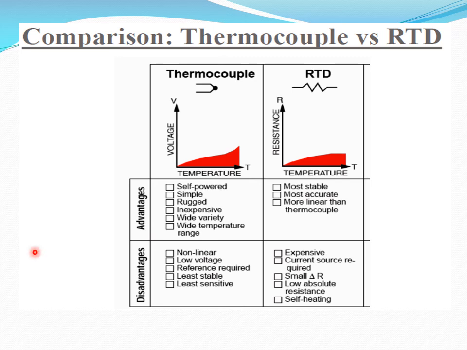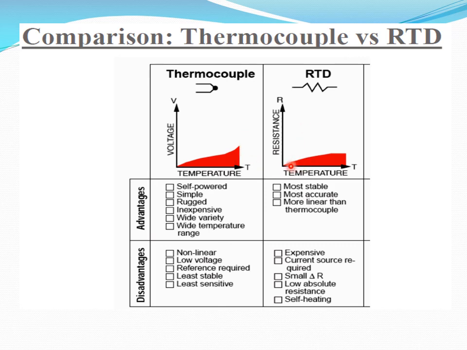This slide shows the comparison of thermocouple and RTD. Certain advantages and disadvantages are shown here. Here we can see in the RTD the temperature variation is like this, whereas in the thermocouple after some time the variation in voltage happens on a higher scale.